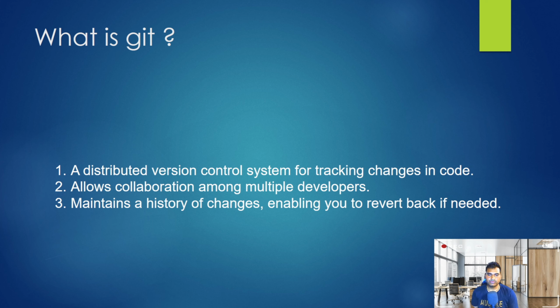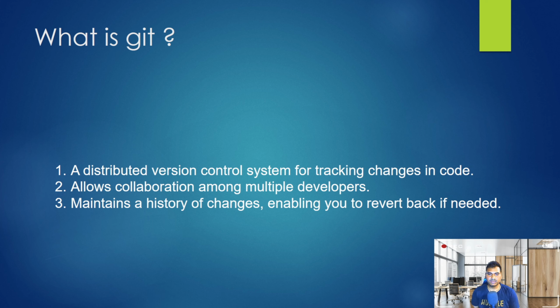But first of all, you should know that it is a distributed version control system for tracking changes in code. It is not compulsory that you use it with code. You can use it with your 3D files, and if you are a writer, writing something, you can also use Git. Also, let's suppose on one particular project you want multiple people to work together.